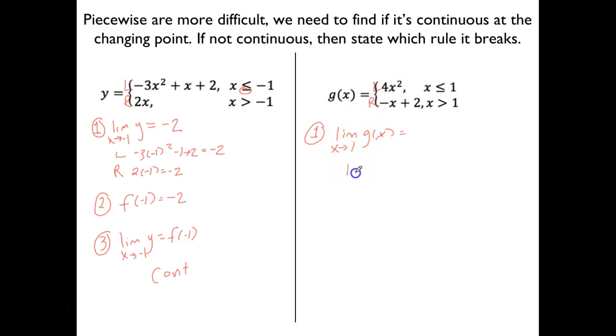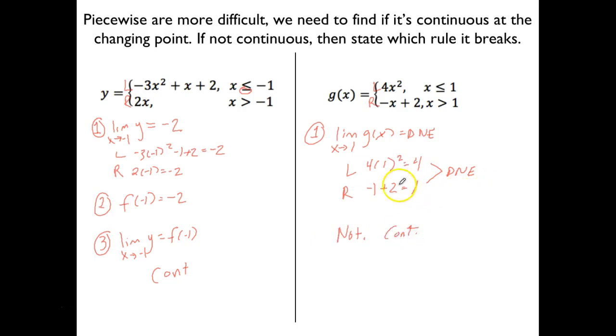Let's plug in 1. We get 4 times 1 squared, which is equal to 4. Now we're going to plug it into here. -1 plus 2, which is equal to 1. Well, they don't approach the same place from the left and the right, so the limit does not exist. So therefore, not continuous.